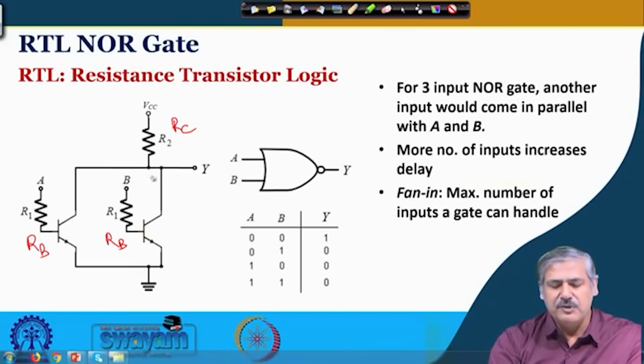So, at that time what will happen to the output voltage? Since there is no current flowing here except whatever small load current there will be, it will be VCC minus that drop. So, output will be considered as high. But if this is low and this is high, what happens at that time? This is conducting, so this is 0.2 volt or so, the saturation voltage. So, output is rated as low.